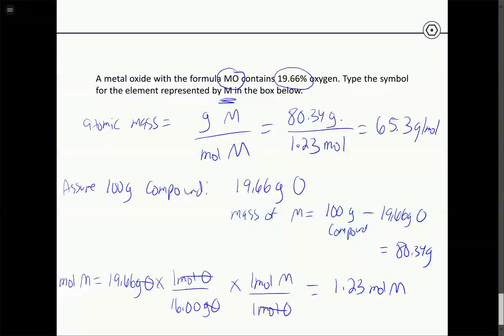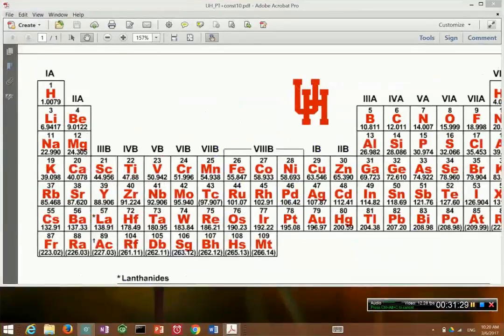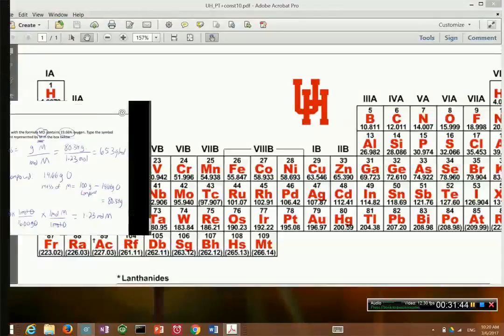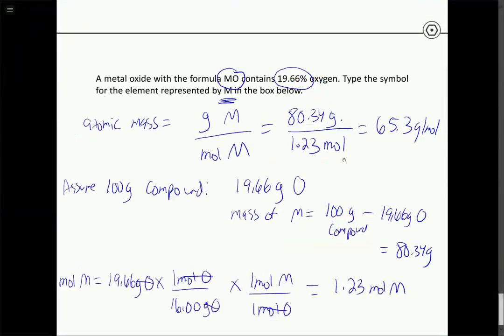And if we go to the periodic table, we want to find the element that is closest to 65.3. It looks like it's going to be zinc, which is 65.4. So the atomic mass that we determined by dividing the mass by the moles most closely matches that of zinc, Zn, so that's going to be our unknown element. So that means the identity of M is going to be zinc, Zn.